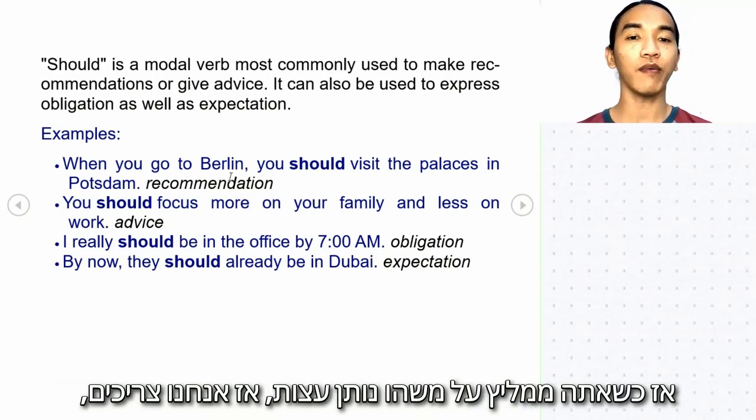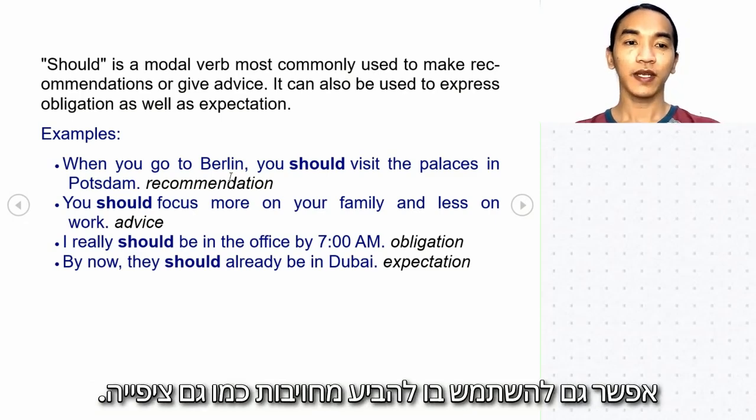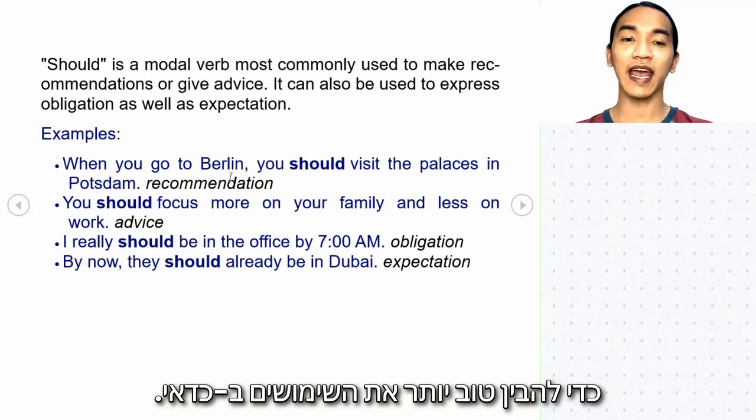So, when you are recommending or giving advice, then we can use the modal verb should. It can also be used to express obligation as well as expectation. Okay, so let's see the example sentences here to better understand the usages of should.